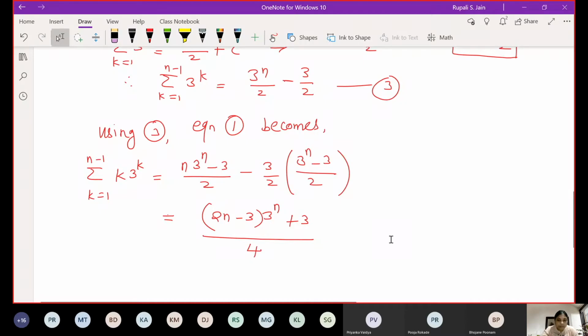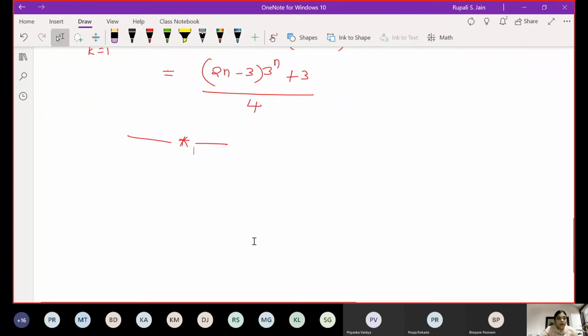Yes, that is my finite sum, k is equal to 1 to n minus 1 of k 3 raised to k. If you change n, you will substitute that value of n here, and you can easily find summation k 3 raised to k. So here we have completed how to find finite sums.